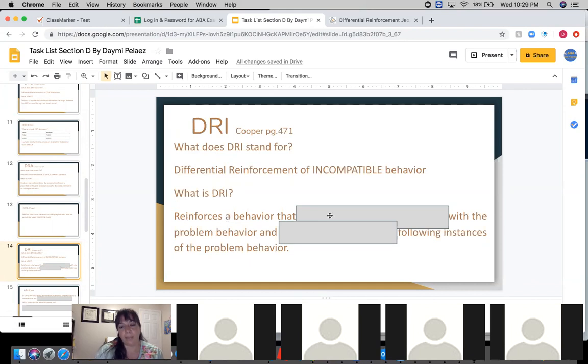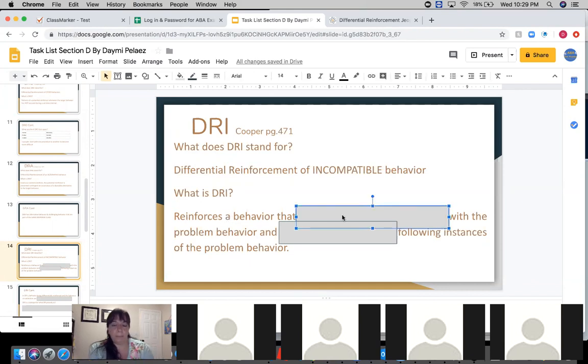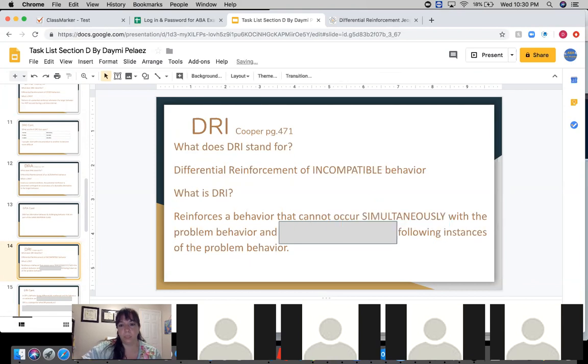Reinforces a behavior that blank with what? Does anybody know the fill-in? Reinforces a behavior that's incompatible with the problem behavior. So it cannot occur simultaneously. So basically what you said, incompatible with the problem behavior and what?